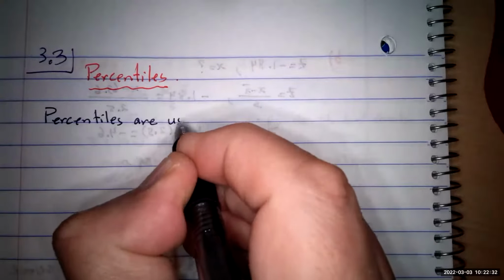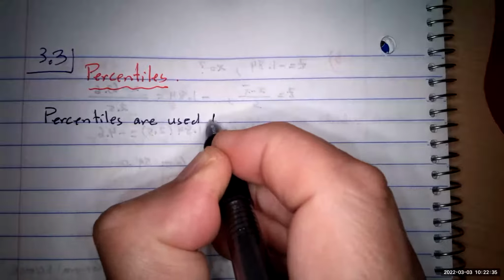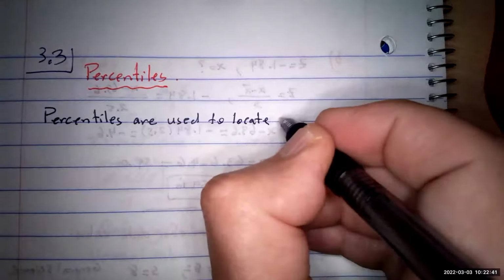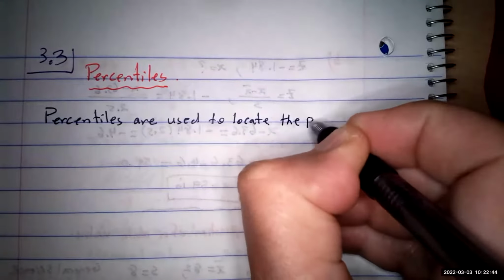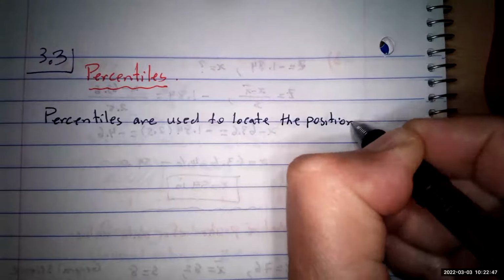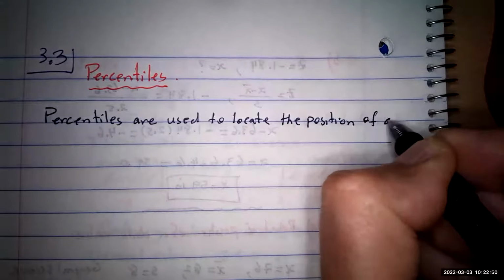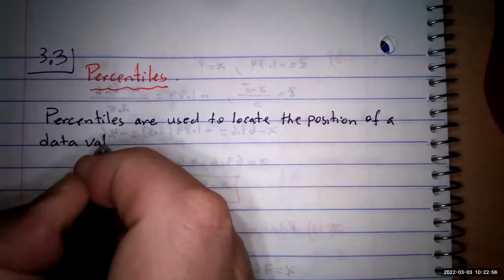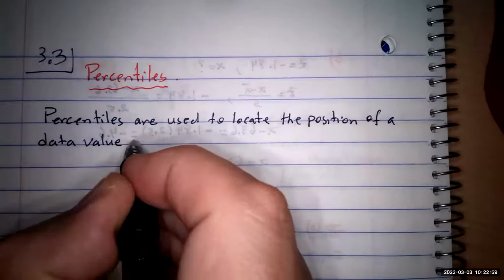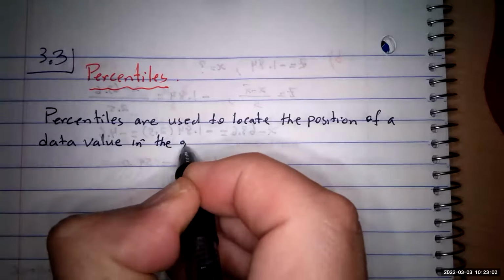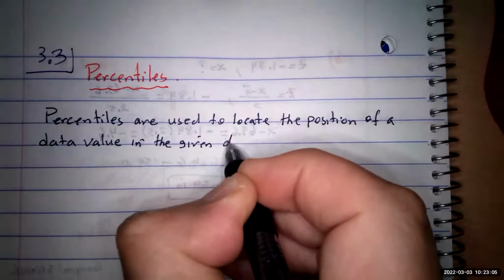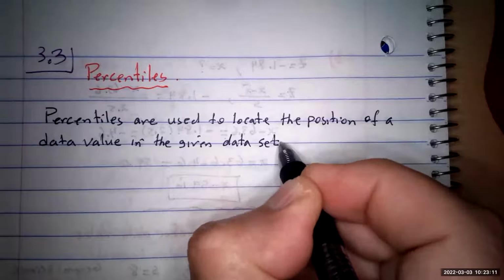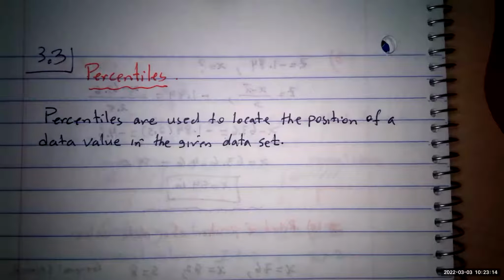Percentiles are used to locate your grade, to locate the position of a data value in the given data set. The ranking of your grade in this class, that's going to be the percentile.